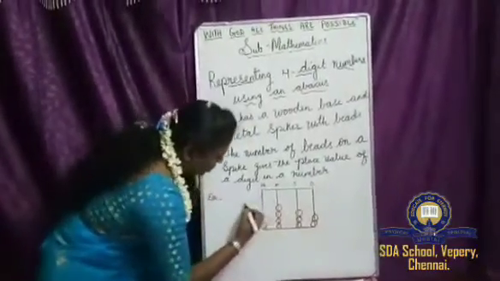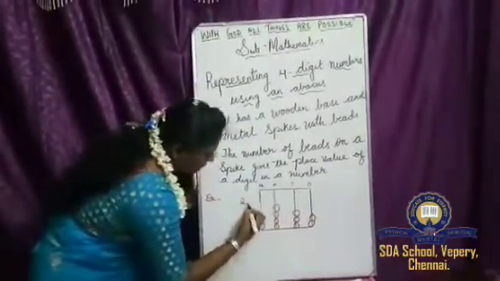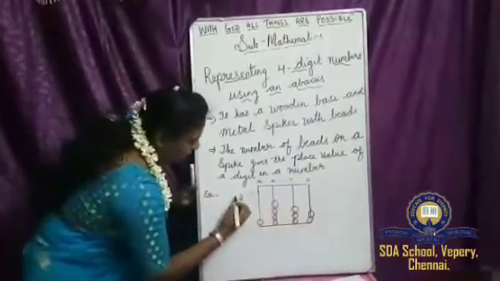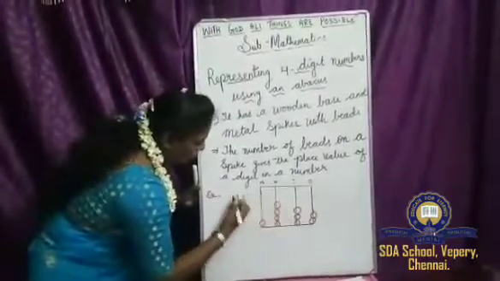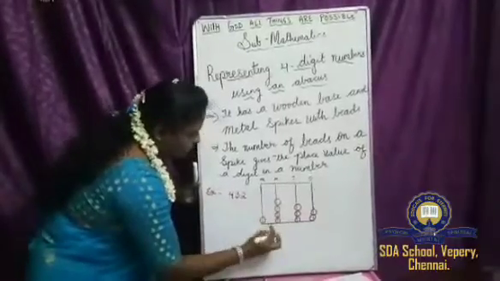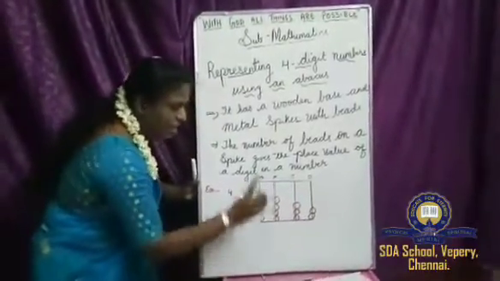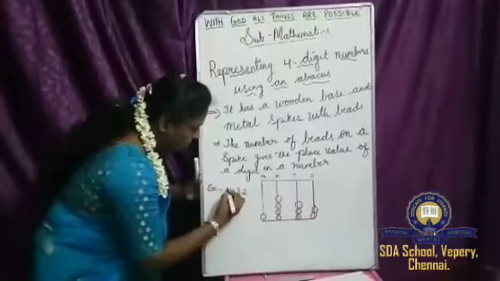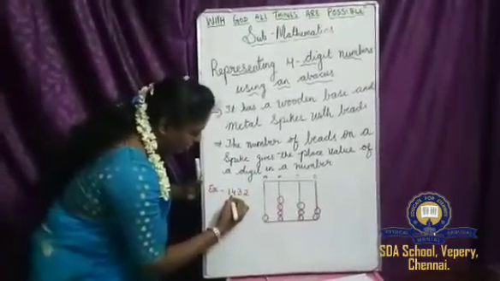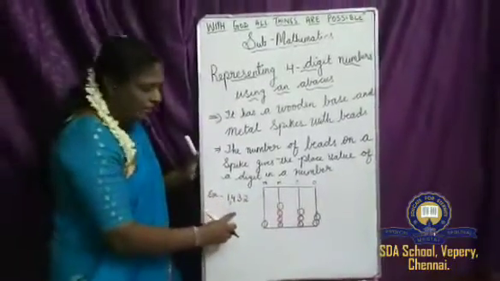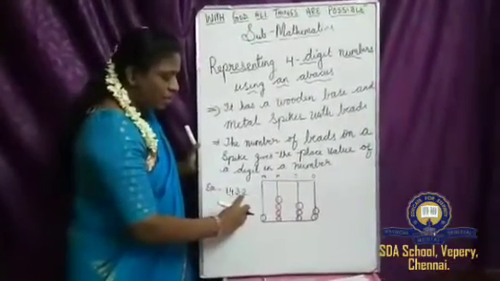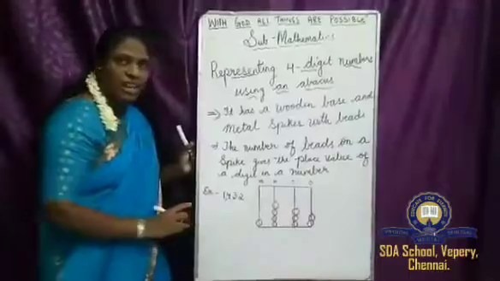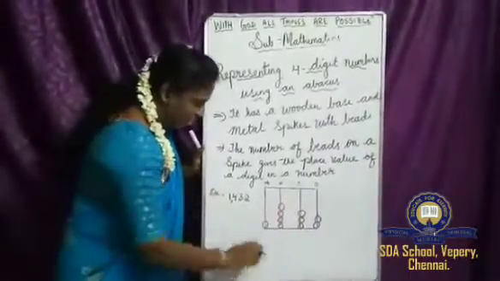So we have 2 beads in the ones place, then 3 beads in the tens place, then 4 beads in the hundreds place. And how many beads here? 1 bead in the thousands place. So we read this as 1432. We write from the right side like this.